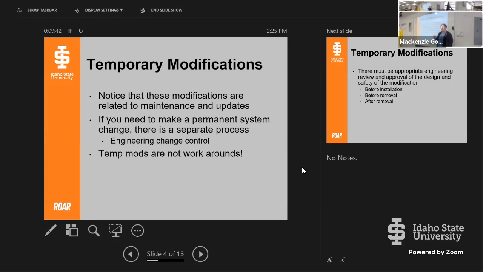Maybe you don't have a great engineer on that particular system who has not learned how valuable it is to listen to operators. Maybe there's just not funding for a system that's working its way towards obsolescence anyway, and they want to replace it with something different, and they're just going to let it break, right? Various reasons that sometimes this process is very burdensome, but temporary modifications are not a temporary fix. They're maintenance and update related, okay?